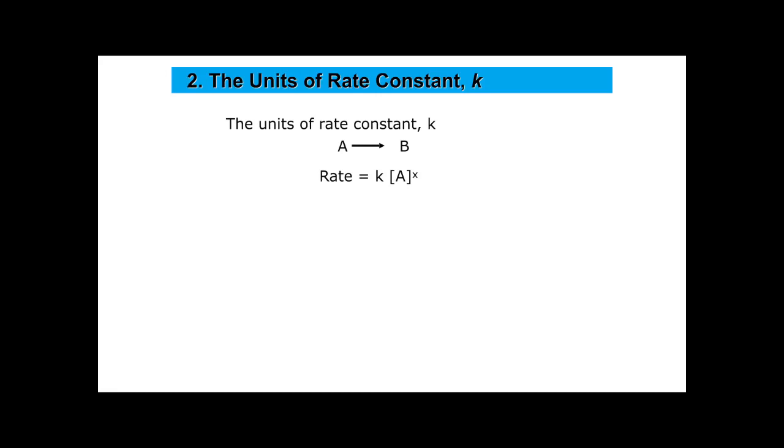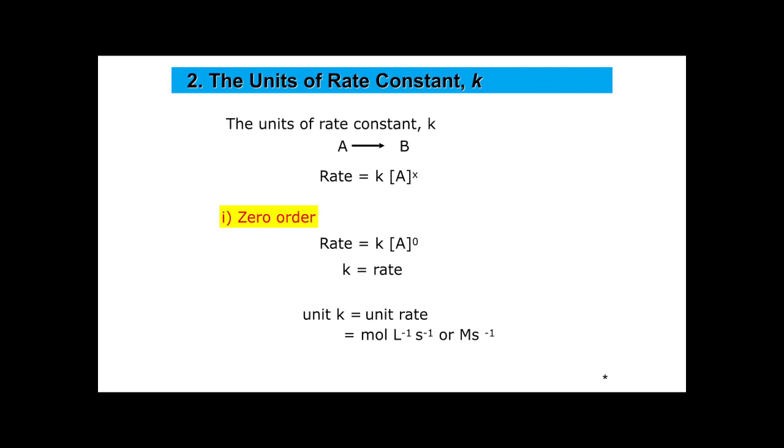The second method is by looking at the units of rate constant K. For example, if we have a reaction A produce B, the rate is equal to K concentration A to the power of X. If X is 0 order, so the rate is equal to K, which means the unit of K is the unit of rate.